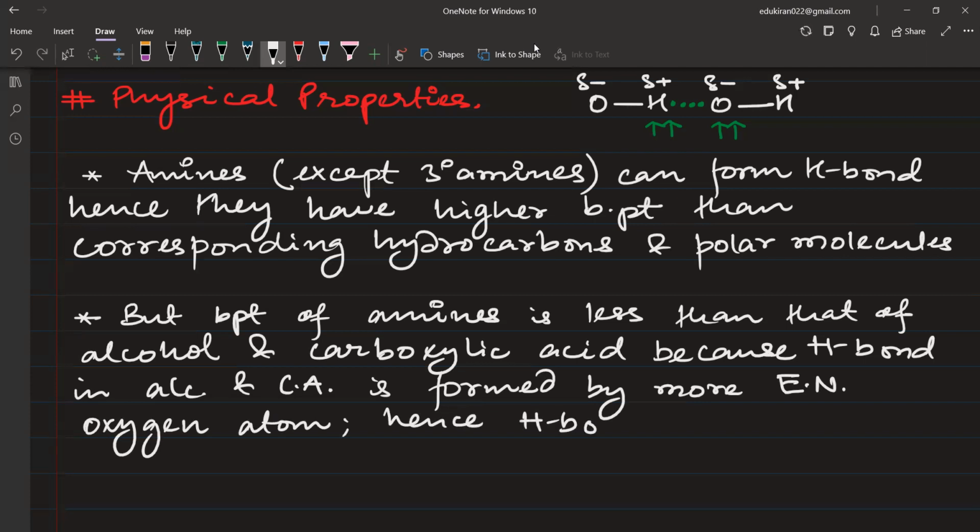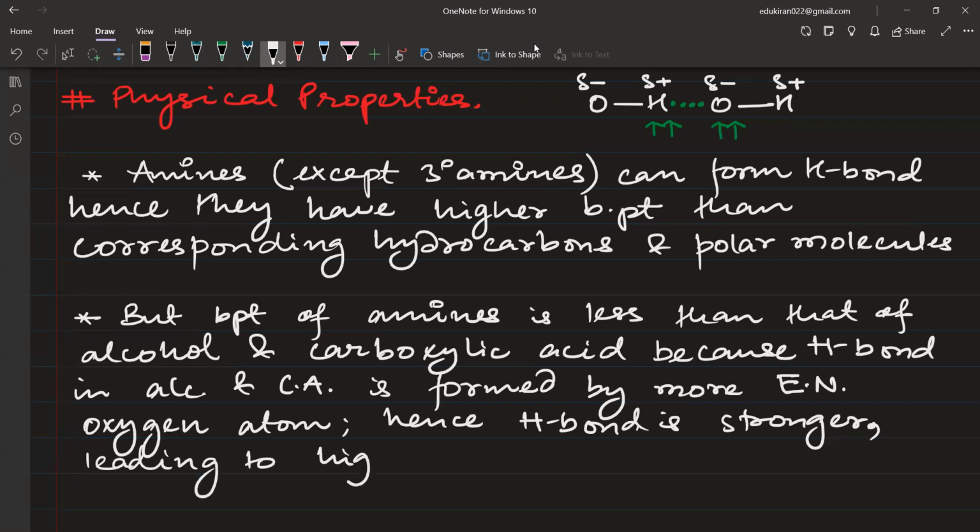Hence, hydrogen bond is stronger. EN means electronegativity. Leading to higher boiling point of alcohol and carboxylic acid than amine.